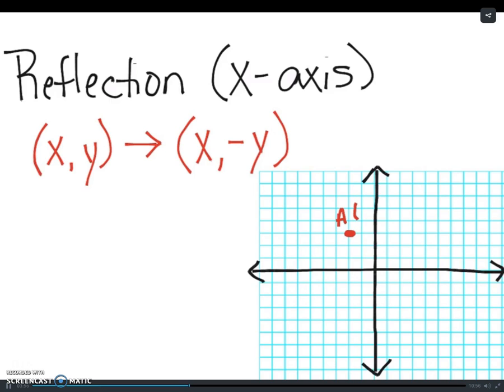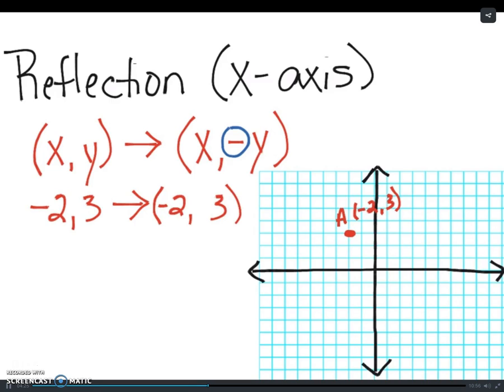So this would be -2, +3. And I would reflect that across the x-axis. That means if this is my x-coordinate and my y-coordinate, all I'm going to do is change the sign of the y-coordinate. So the x value stays exactly the same. And instead of +3 here, I'm going to have a -3.